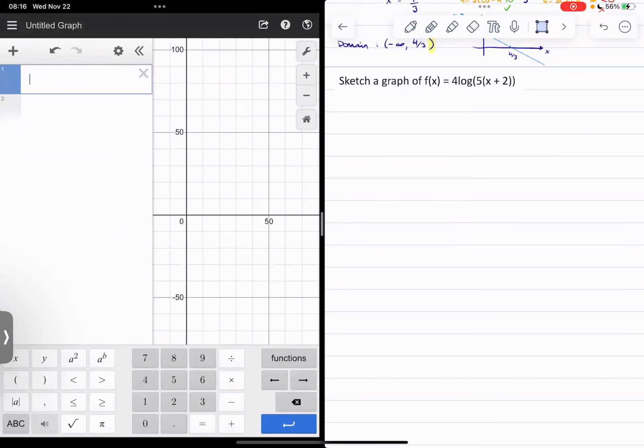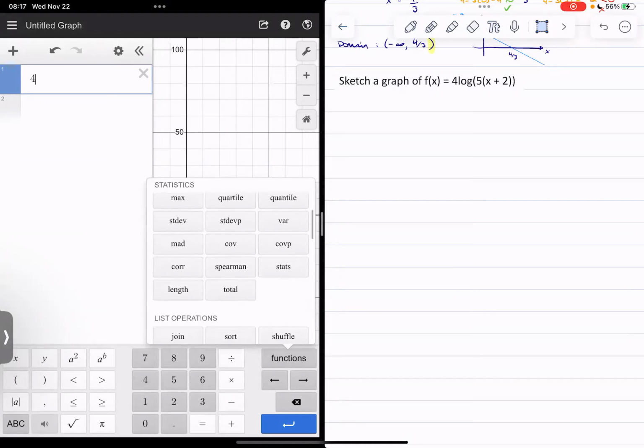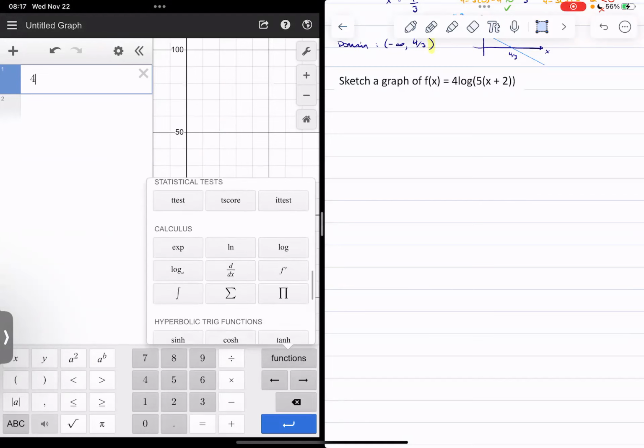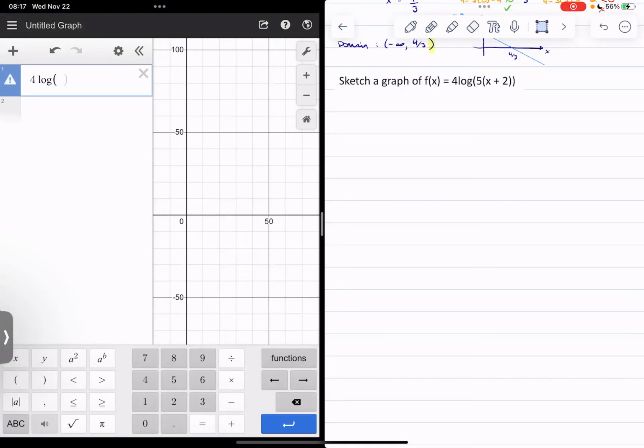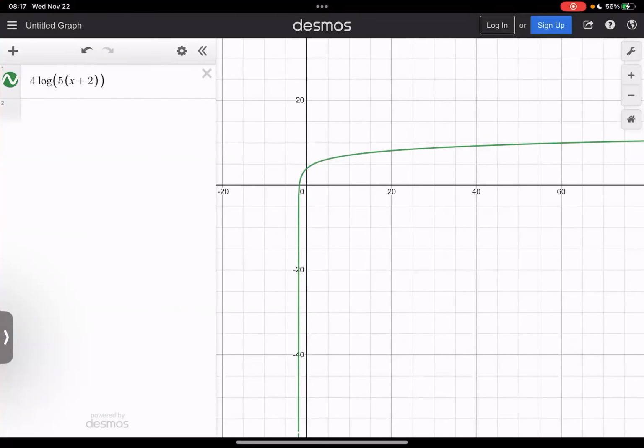Okay, so 4 times the common log of 5 times x plus 2. And that's good. Okay.